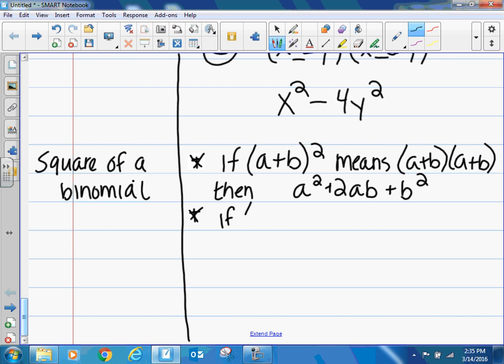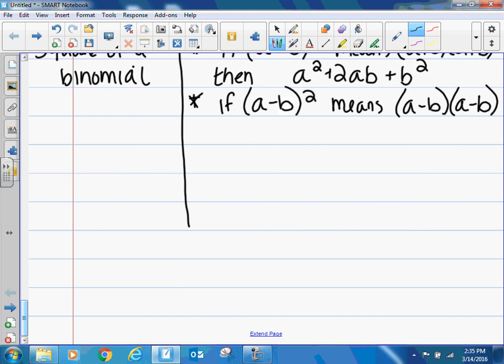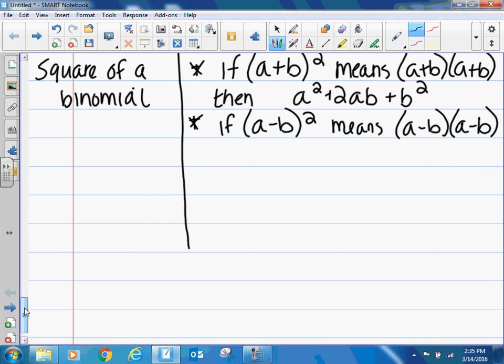Likewise, if you have a minus b squared, which we know means a minus b times a minus b, then it's equal to a squared minus 2ab plus b squared.